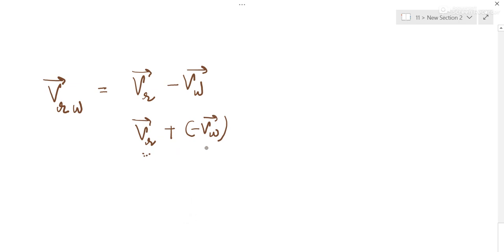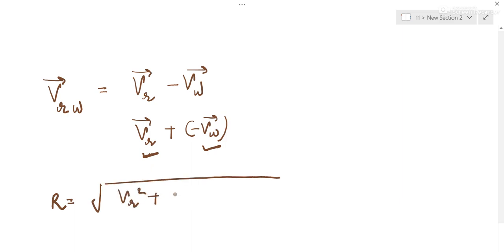So this is addition of two vectors, and whenever there is addition of two vectors, we can write the resultant by the parallelogram result: first vector square plus second vector square, then 2 into A into B into cos of theta. Negative is just to reverse the arrow that we have reversed already.